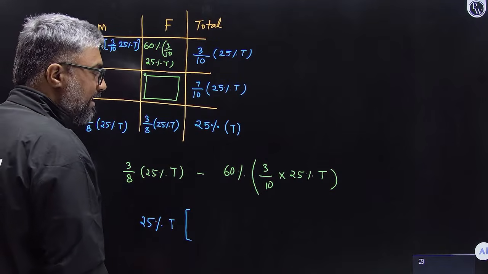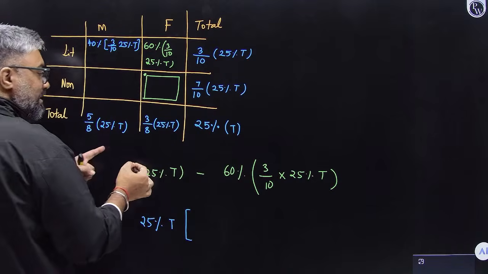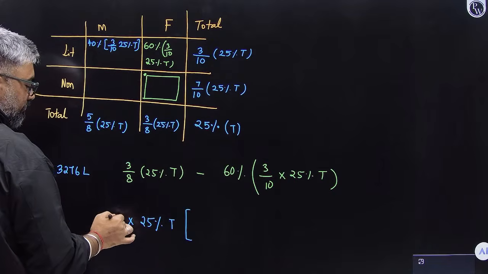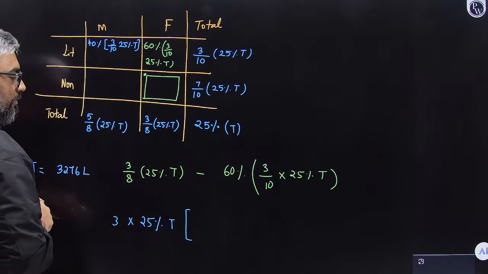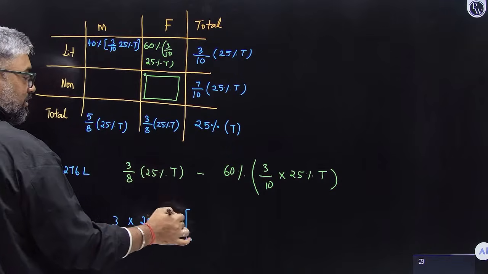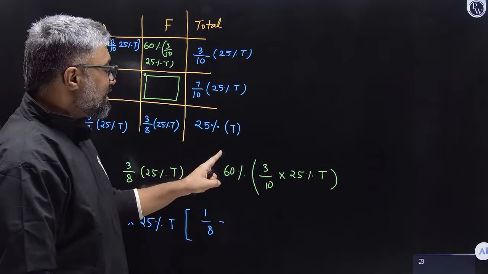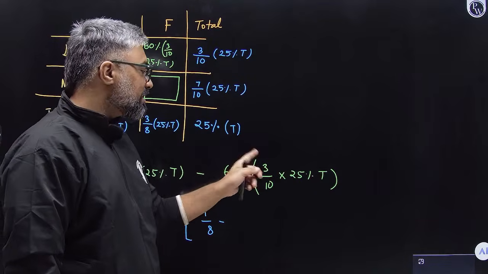Further, what else can I take out common? 3 is here also, 3 is here also. I'll take out 3 also common. So what am I left with? I'm left with 1/8 minus 60% of 1/10. Got it? 60% of 1 by 10.